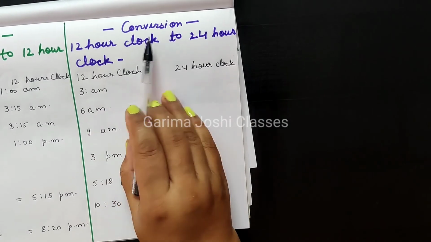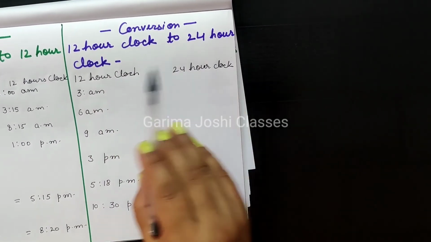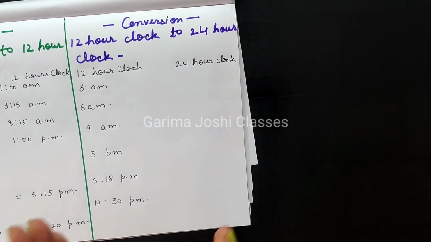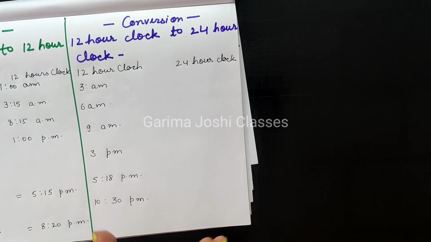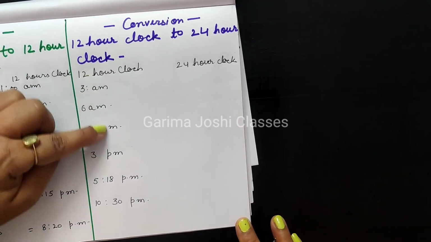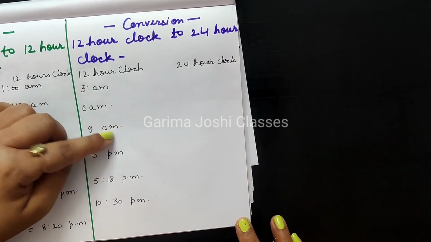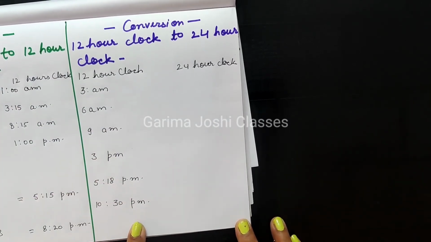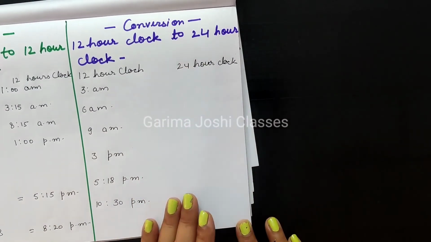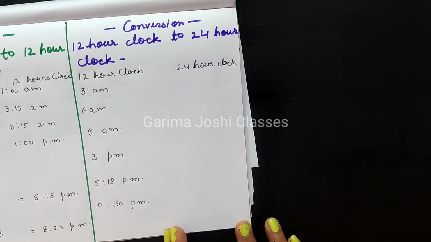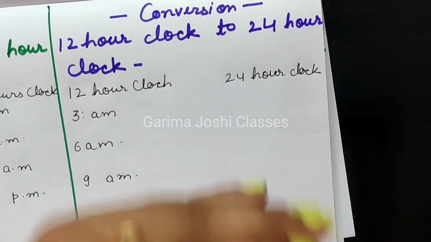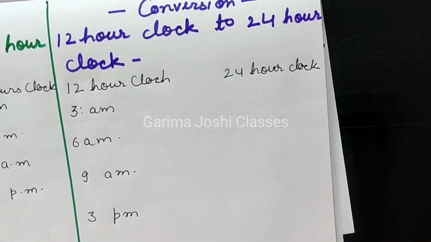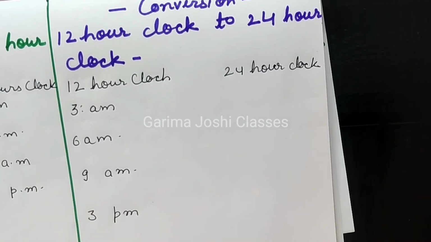Now we'll talk about conversion of 12-hour clock to 24-hour clock. As we know, the 12-hour clock resets at 12 noon. So till 12 noon all are AMs, and after 12 noon it will be PM. But the 24-hour clock will not reset at 12. So it will keep continuing the counting. After 12 it will continue 13, 14, 15 and so on.